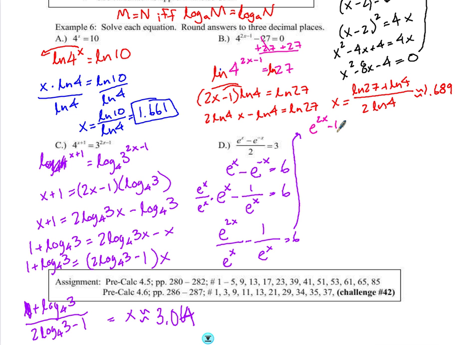So it doesn't look like we've come very far, but now we have no fractions and we don't have all positive x's. We just got to somehow get those isolated. So let's go ahead and bring everything to one side: e to the 2x minus 6 e to the x minus 1 equals 0.